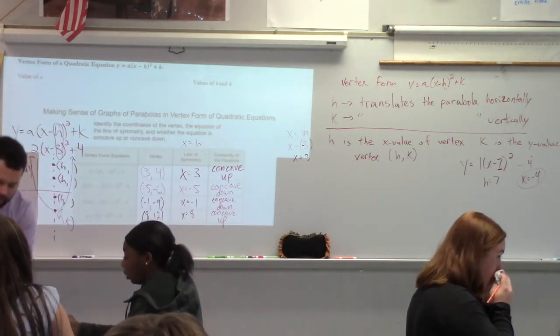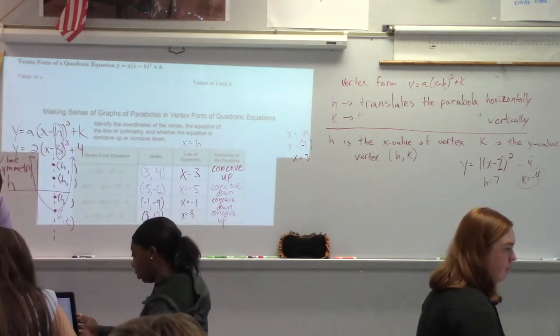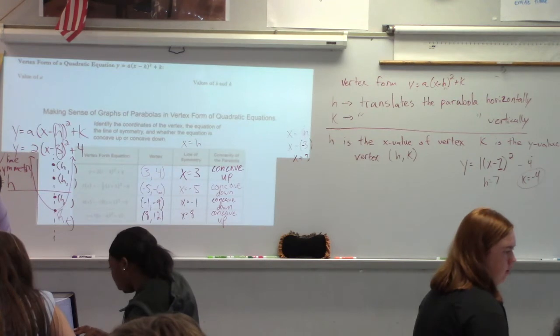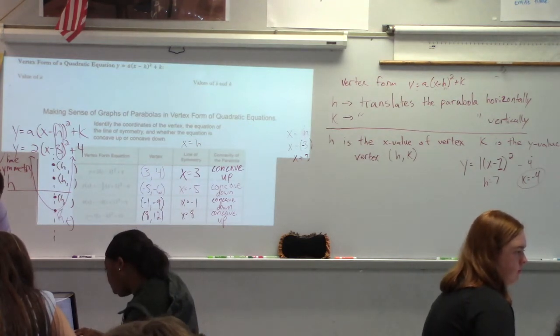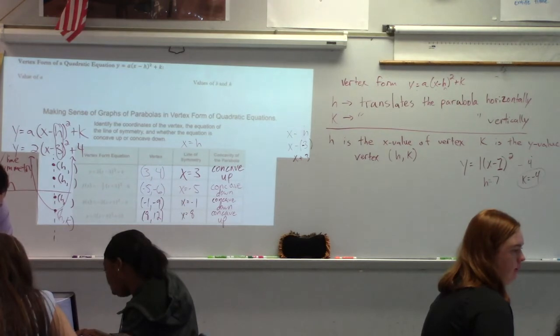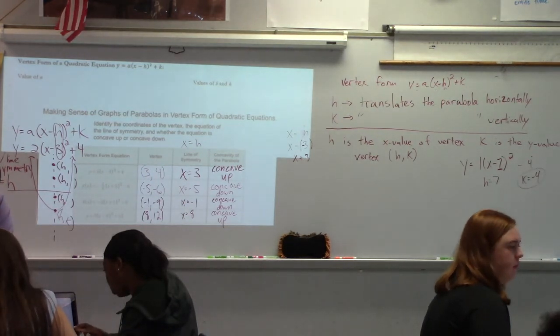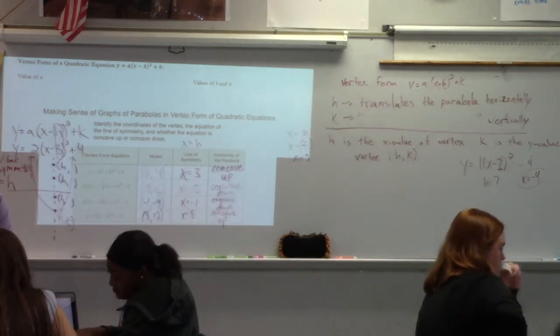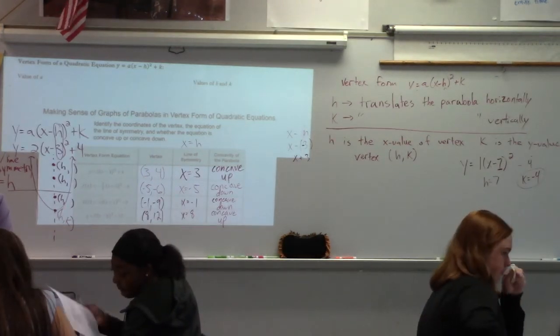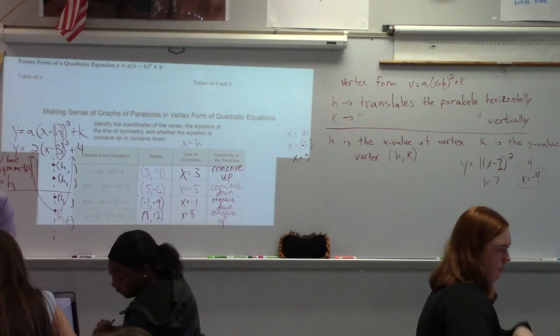So if it was a positive, and I have this as my equation, if H is a positive 1, I'm going to get x minus 1 squared. And that's why we want the inverse, because notice if H is a positive 1, I get x minus 1. That's not what happened. I have x plus 1.